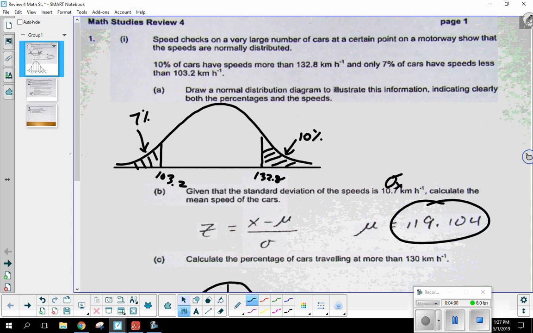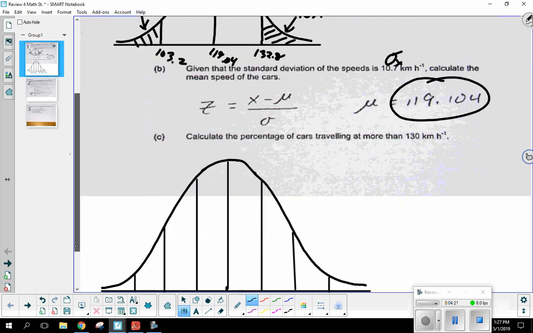So if I were to go back over here, remember, dead center is always where you put the mean. So this would be 119.04 kilometers per hour. And then you have the standard deviation going up and above. It says, calculate the percentage of cars traveling at more than 130 kilometers per hour.